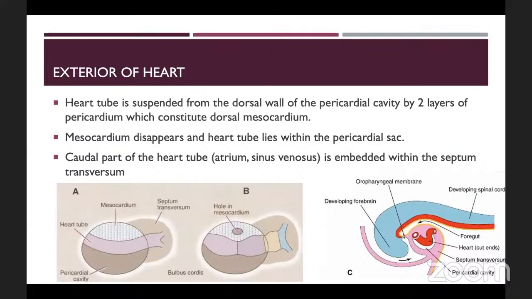The mesocardium disappears and the heart tube lies within the pericardial sac. The caudal part of the heart, which is the atrium and sinus venosus, is embedded within the septum transversum, this part.